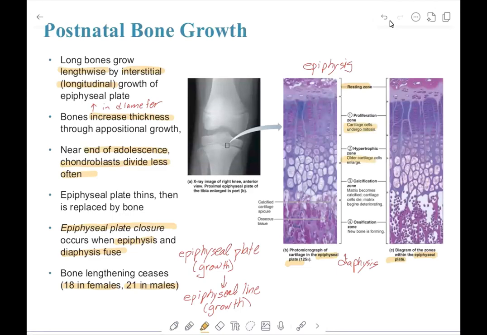Those cartilage cells enlarge, called the hypertrophic zone. And then finally, new bone is formed at the ossification center. So when it's a growth line, we would not see any of these chondrocytes anymore. Everything would look like it's ossified. It would be complete bone. So when females reach 18 and males reach about 21.